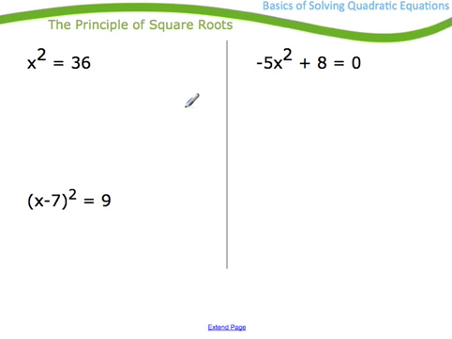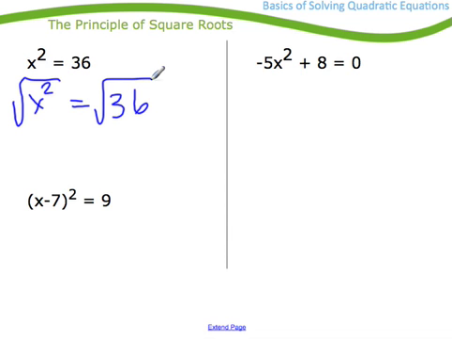So another way that we can solve quadratic equations is using something called the principle of square roots. And the principle of square roots, similar to the principle of powers that we saw in the last section in radicals, says that if I take an equation like x squared is equal to 36, if I square root this side, I can do that as long as I square root this side.